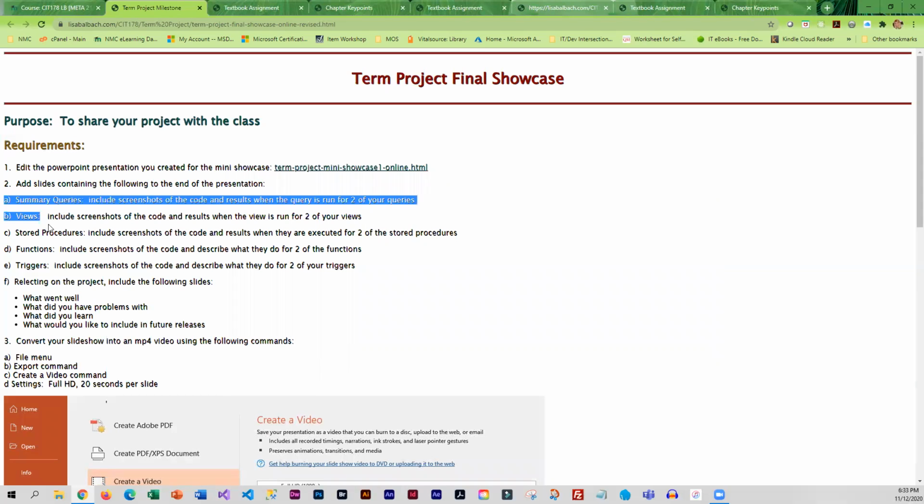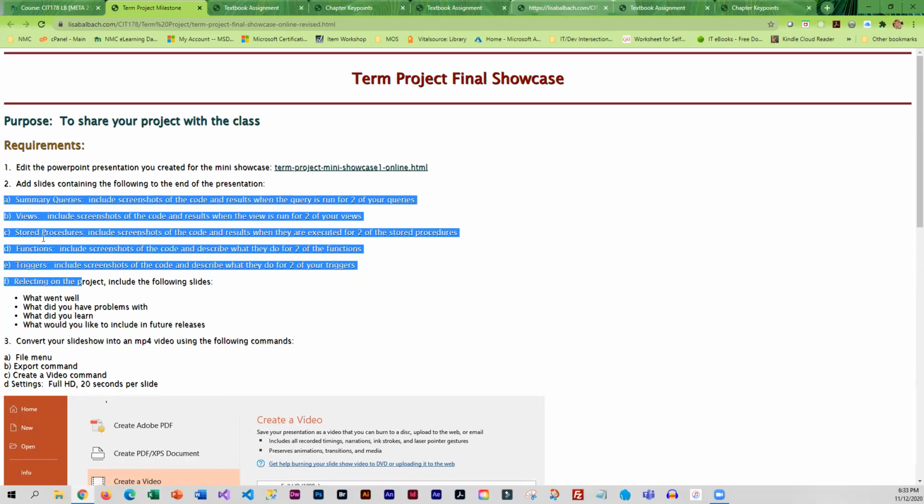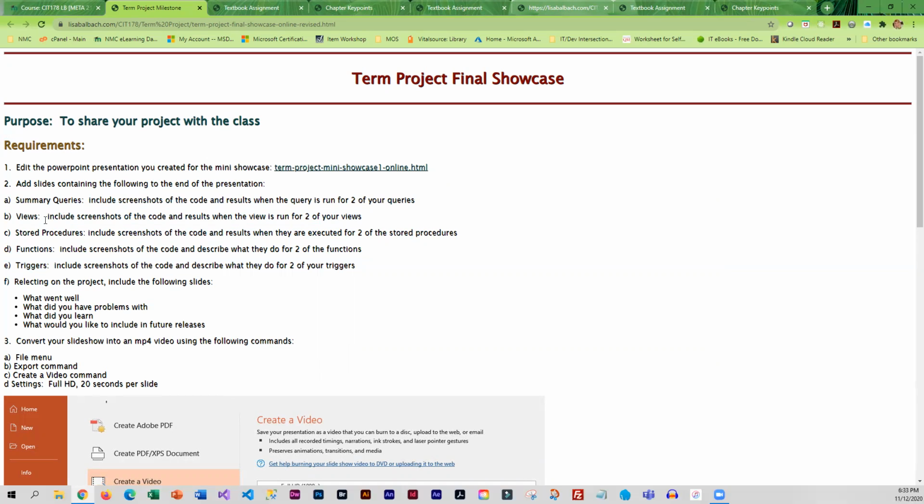So you will be adding these slides, one on summary queries, one on views, one on stored procedures, another on functions, one on triggers, and then you're going to do a little reflective slide where you indicate what went well, anything you had problems with, what you learned, and anything you would like in future releases.